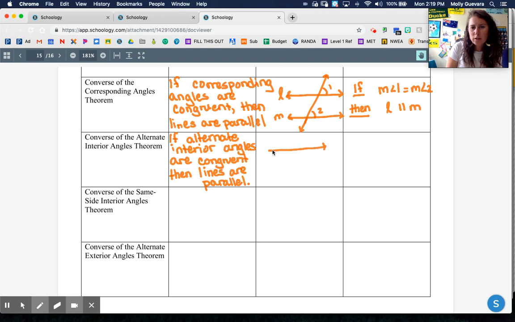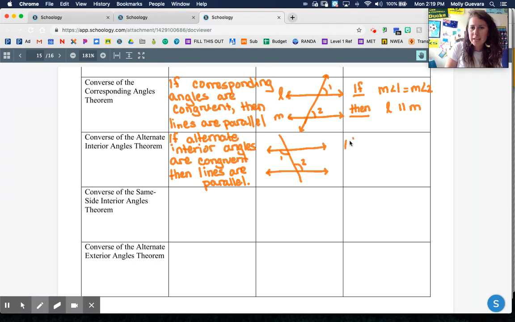So if I draw two lines again with some sort of transversal, okay, here's angle 1, here's angle 2. They are alternate interior angles because they're on opposite sides of the transversal, and they're both inside.